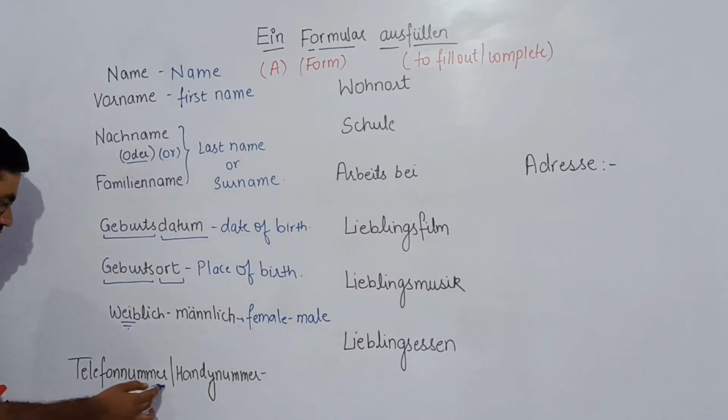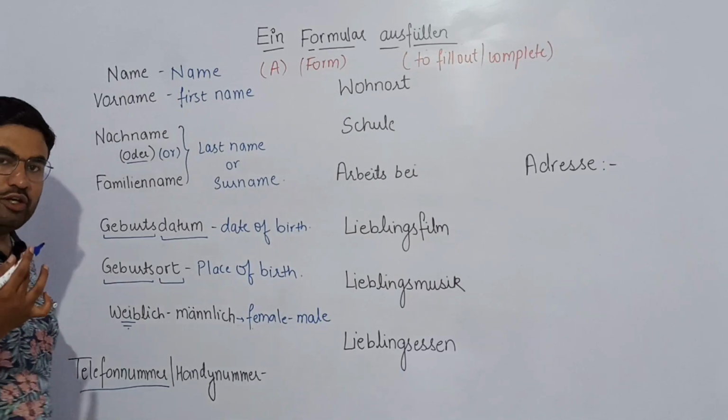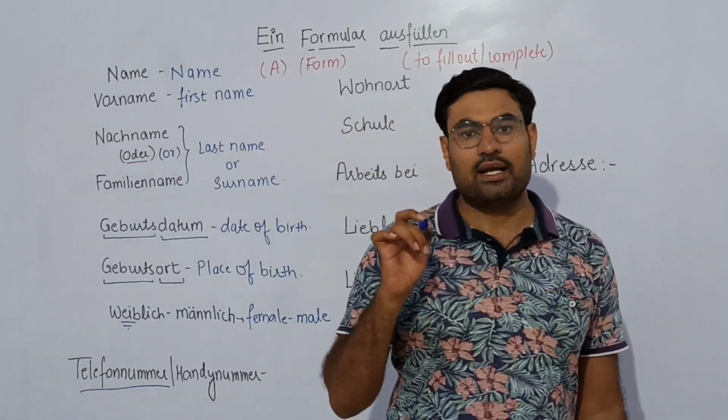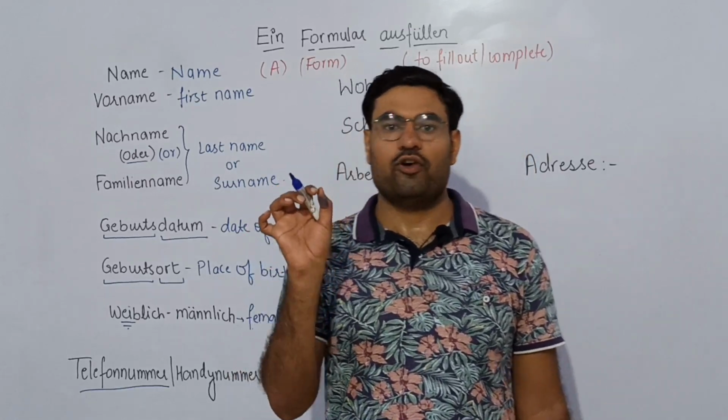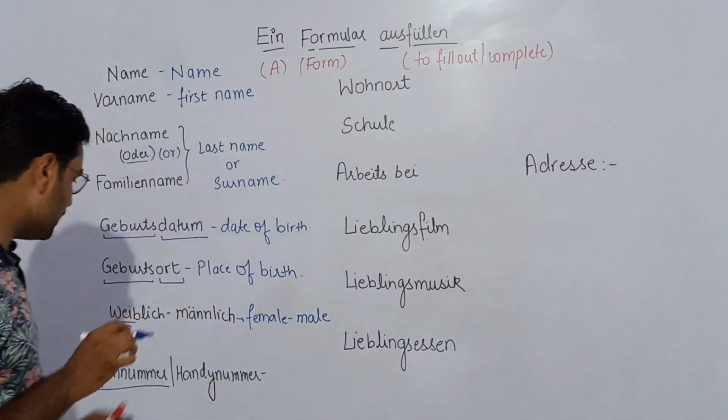Next one is Telefonnummer oder Handynummer. This is clear just from the word. Telefonnummer means your telephone number. Handynummer means your mobile number. Mobile in German is known as Handy, H-A-N-D-Y. So Handynummer is your mobile number and this is your telephone number.